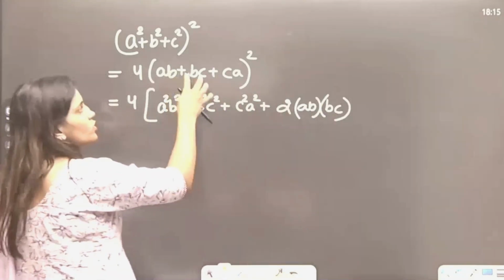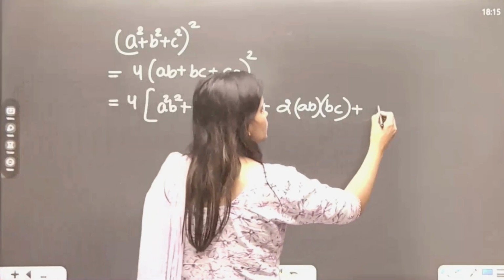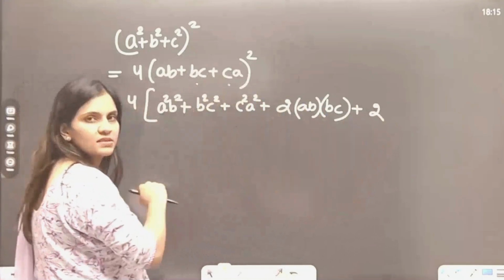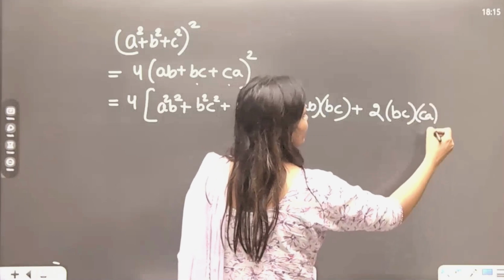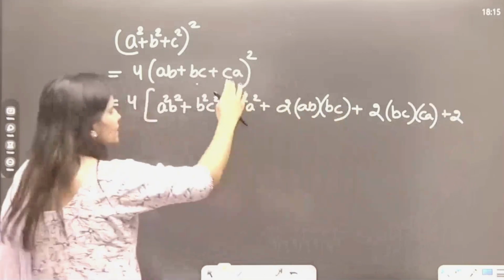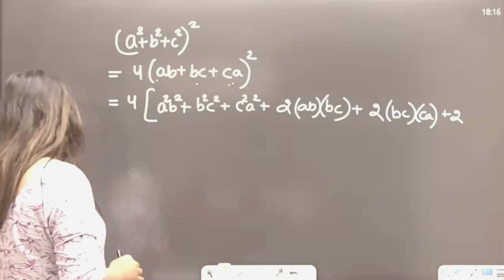So we multiply 2 times of this and this, plus 2 times of this and this. The formula gives BC into CA, plus 2 times of this and this. This is what we are doing.